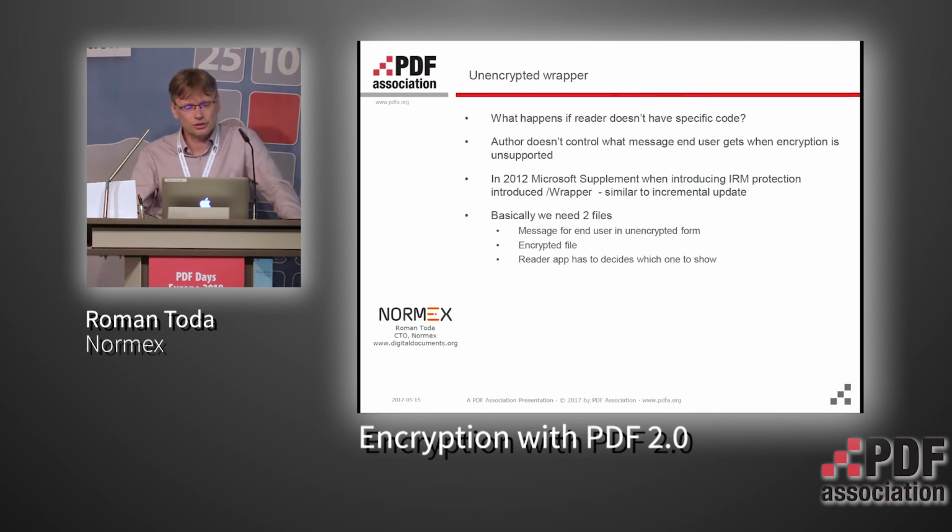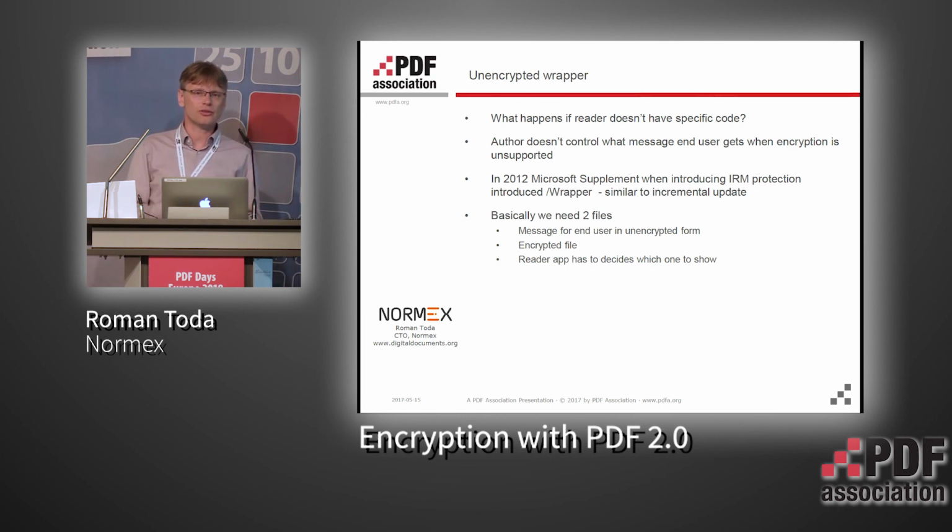In 2.0, we introduced something like an unencrypted wrapper. We didn't use this technique, but we used different techniques around associated files, and it really is all about giving the author control over what message the end user is going to see when they don't have the proper plugin or viewer.